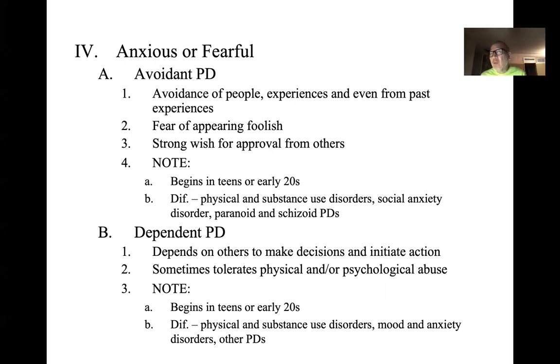They'll make decisions based on what others say, out of fear of initiating their own decisions. And sometimes folks with dependent personality disorder will tolerate a high level of psychological or even physical abuse, because of the need to have somebody guide them or validate them, and so on.